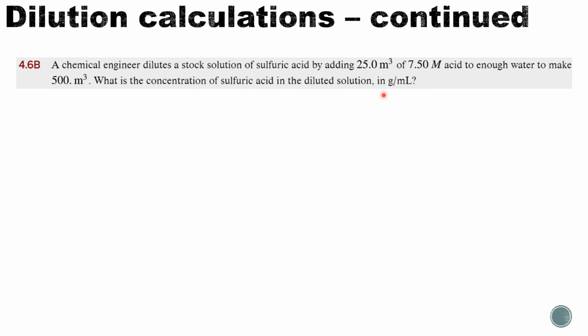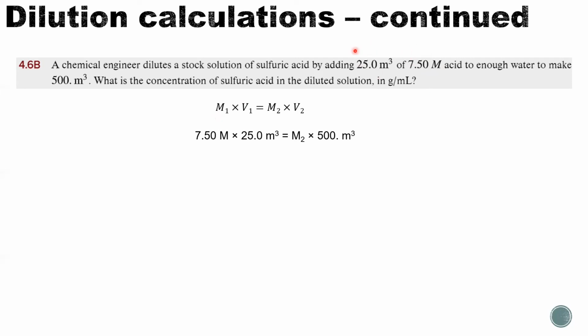So this question, like before, it's a dilution question. And whenever you have a dilution question, just write out this equation, M1V1 equals M2V2. And we can plug in numbers. 7.5 molarity is the M1 before dilution.